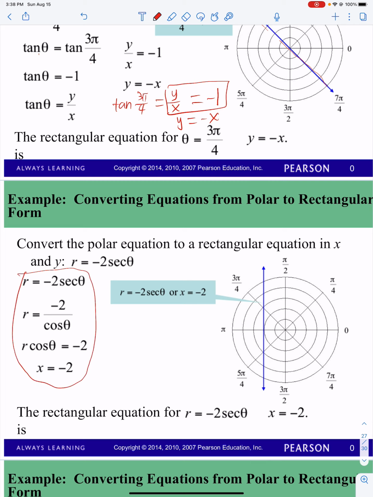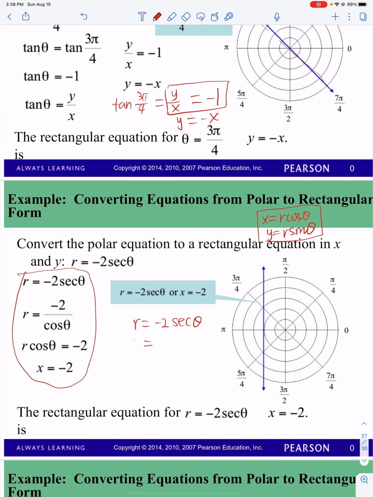Okay, so for this one, r equal to negative 2 secant theta. Yeah, so what do we know? Yeah, so we wanted x and y. Yeah, x will be r cosine, y equal to r sine. This is what we know. Yeah. Okay, we do not have r times cosine, and we do not like secant either.